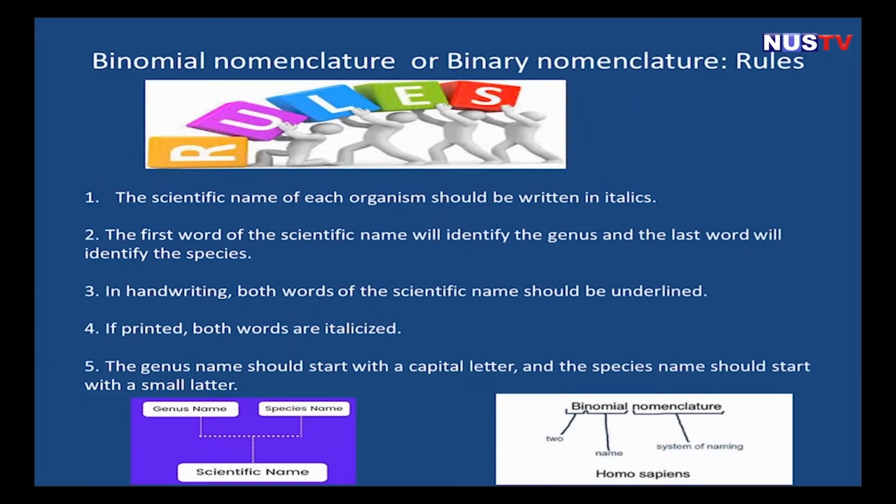And our last rule, the genus name should start with a capital letter, and the species name should start with a small letter. So again, the scientific name is made out of the genus name and the species name.